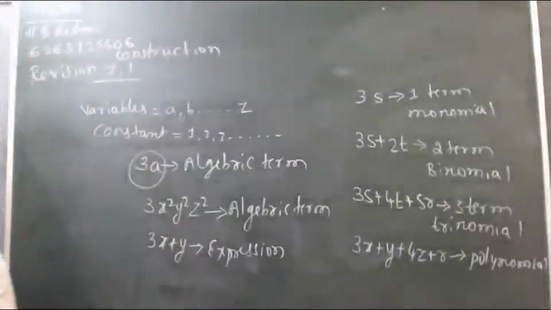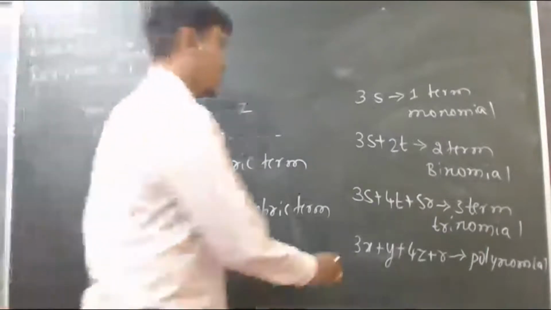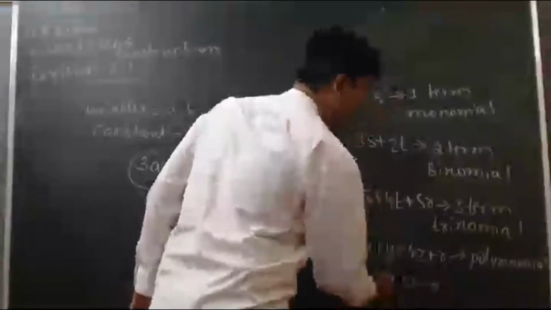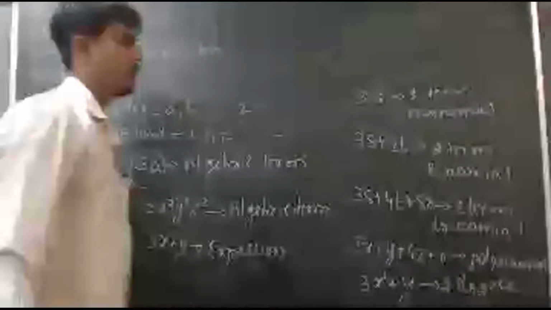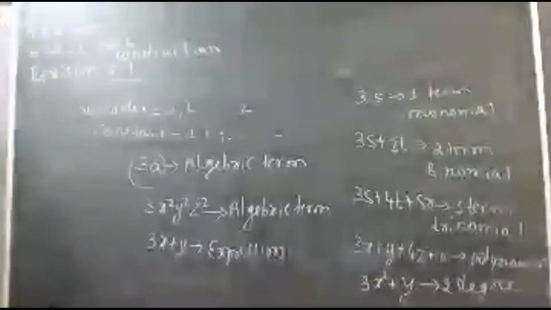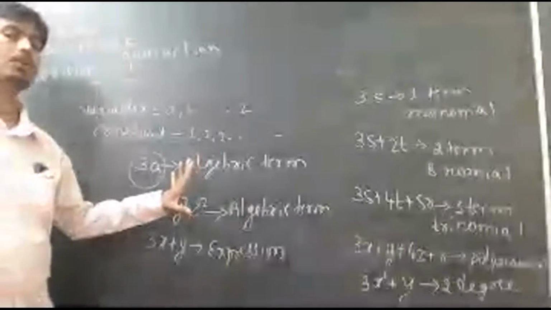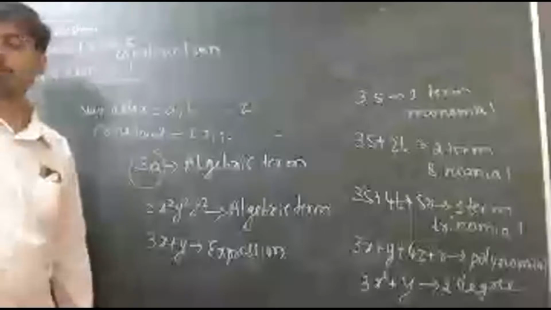If I write 3x square plus y, what is the degree? The highest power is called the degree. Compare x or y, on which one it is more, that is considered. On x, the power is 2, so the degree is 2. Keeping these basic points in mind, cover it properly up to the definitions, and study well.